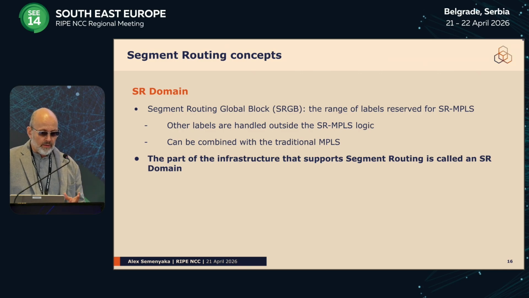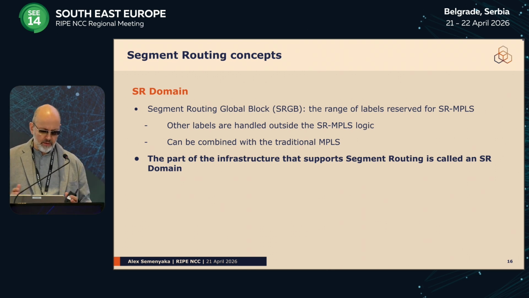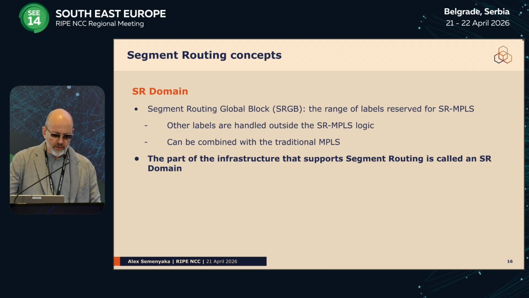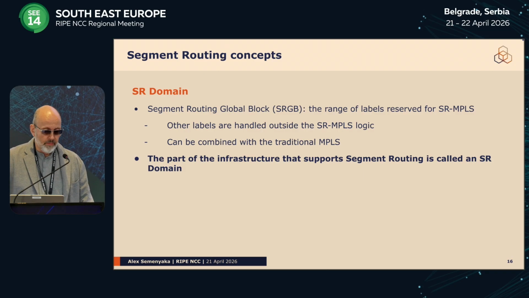So when we are saying these words, the entry, we have to define entry to what. And that's an important part of this segment routing approach, defining the segment routing domain. We are clearly defining the part of our network, or maybe all the internal network, as a segment routing domain.